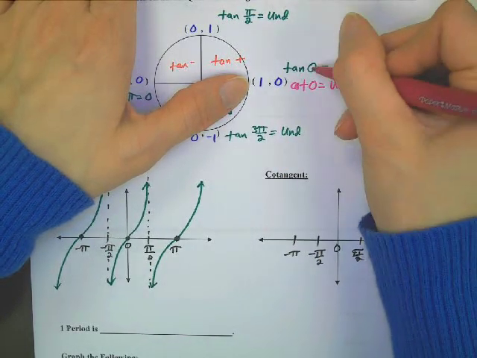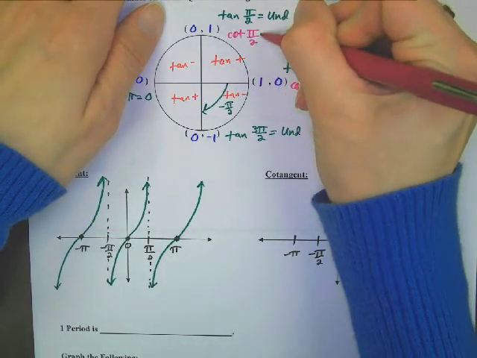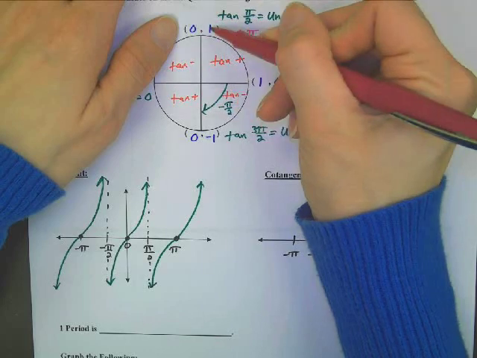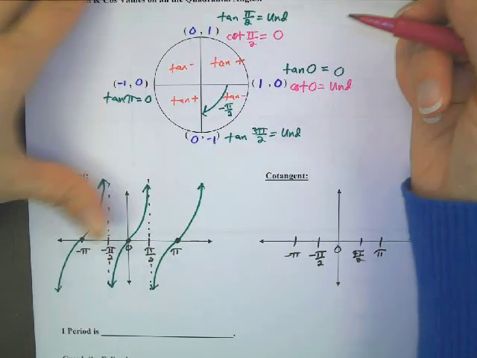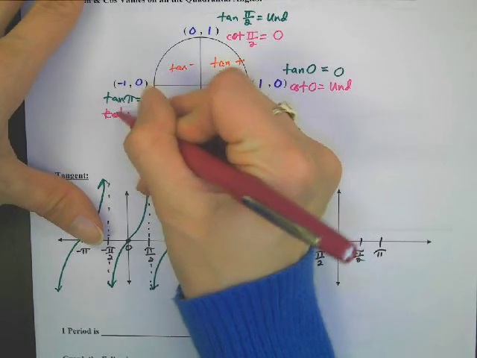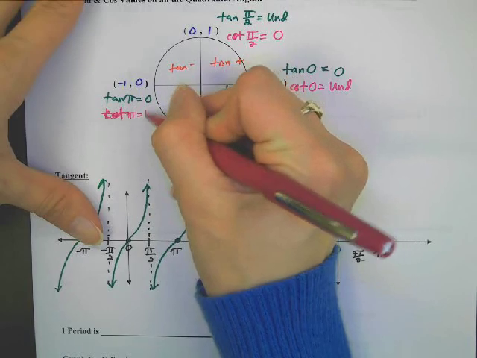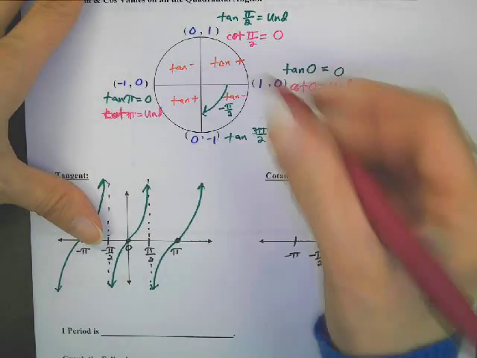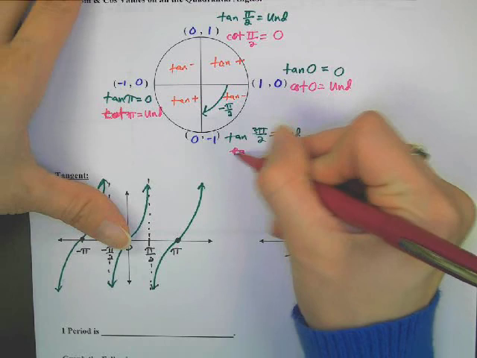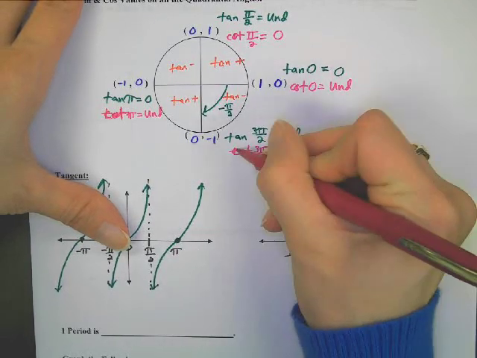Cotangent is different than tangent. Cotangent for pi over 2: cosine over sine, now it's 0. Oh, I get what's happening here. Cotangent of pi is undefined, and cotangent for 3 pi over 2 is going to be 0.